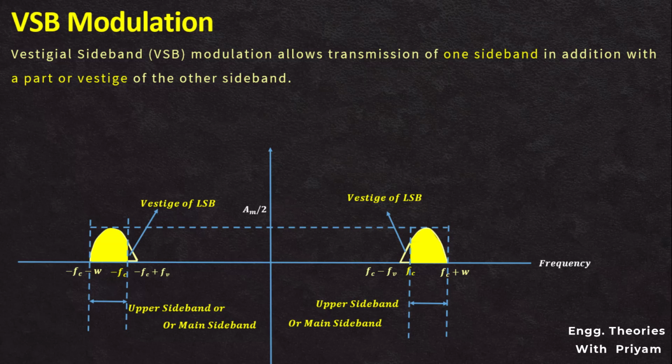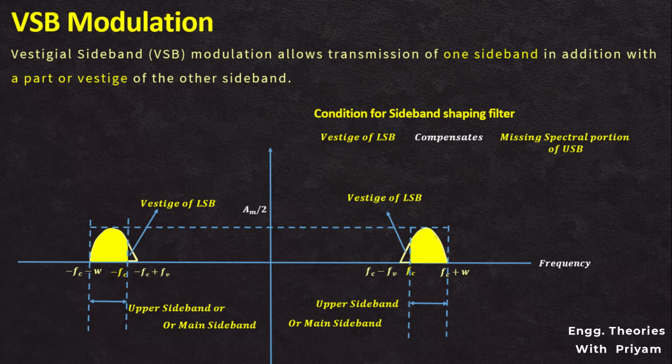The condition to generate the VSB modulated signal is that the sideband shaping filter must have a frequency response such that the vestige of the sideband, the lower sideband in this case, must compensate the missing portion of the main sideband during the sideband shaping operation. This requirement ensures that during the demodulation of the VSB modulated signal, we can retrieve the original message signal almost as it was before the modulation.